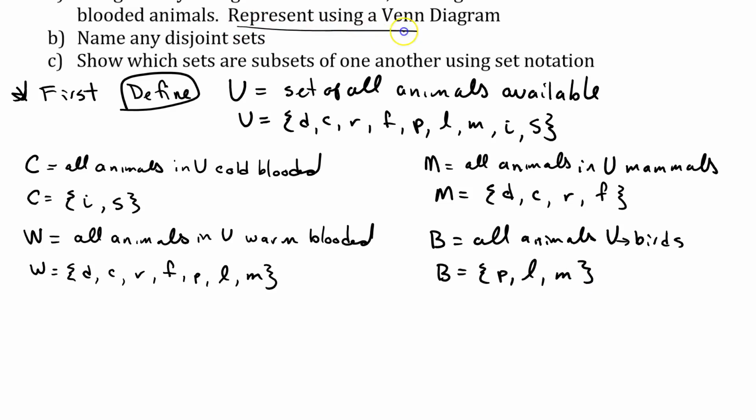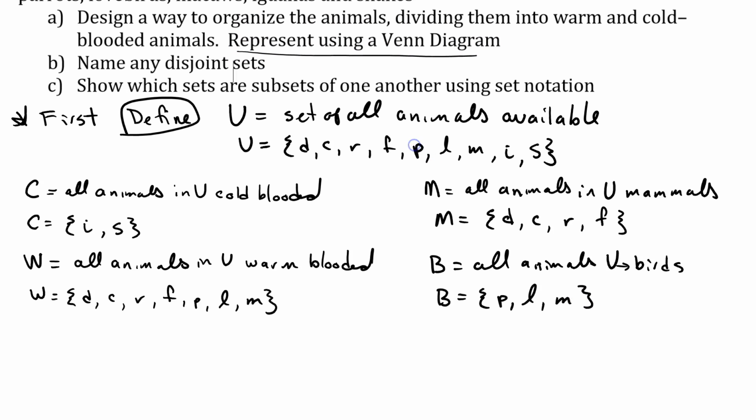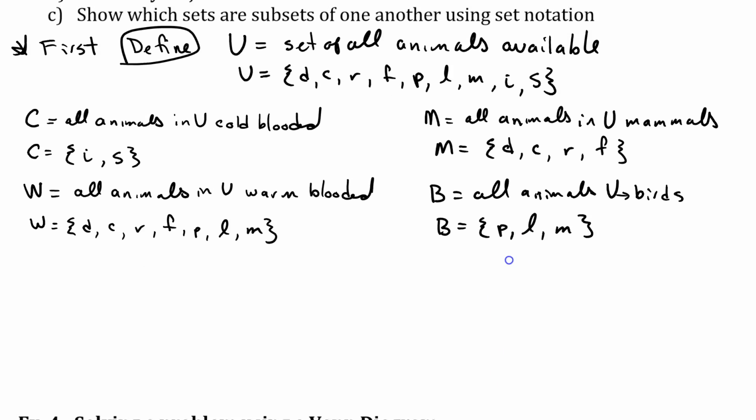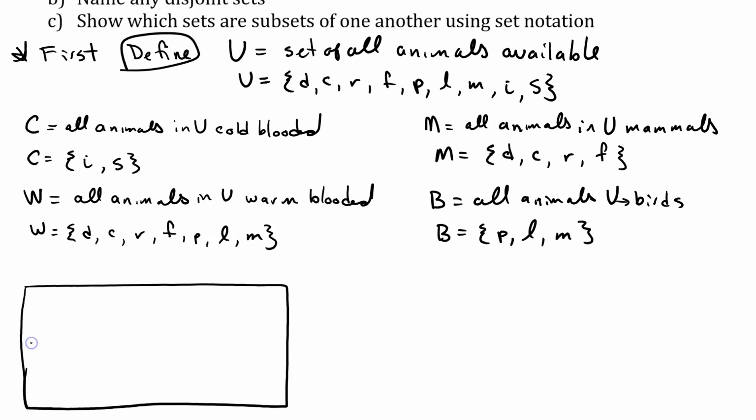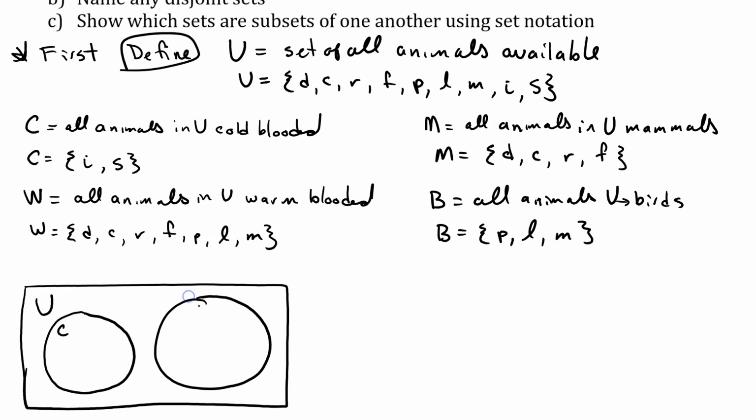So we want to use a Venn diagram to help us represent this. So if I just move down here, here's our universal set. And here are our cold-blooded. And here are our warm-blooded. Now within the warm-blooded, we have two disjoint sets.